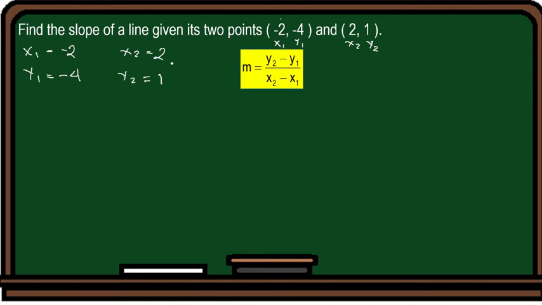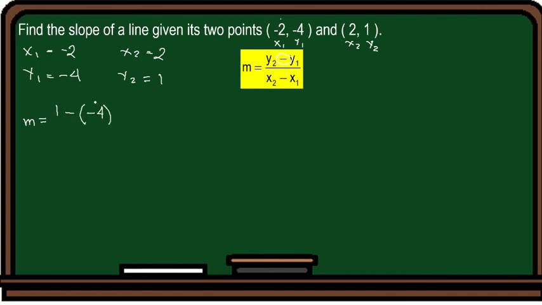So, we'll make use of this formula. We have m. We will just substitute y sub 2 minus y sub 1 over x sub 2 minus x sub 1. So, we have here m is equal to, anong y sub 2? We have 1. Minus y sub 1, which is -4.